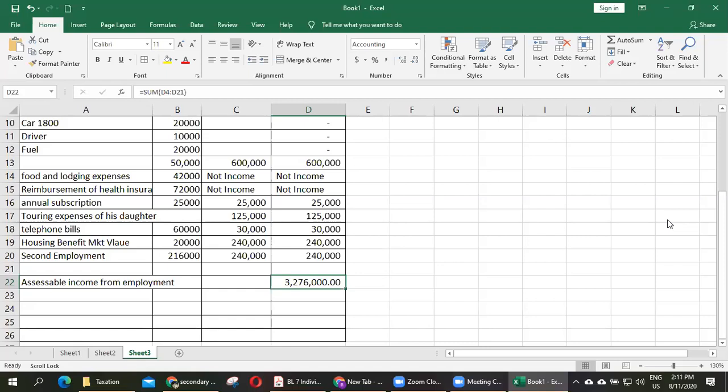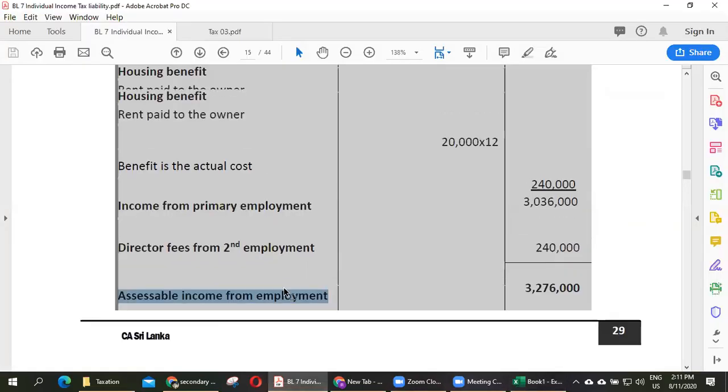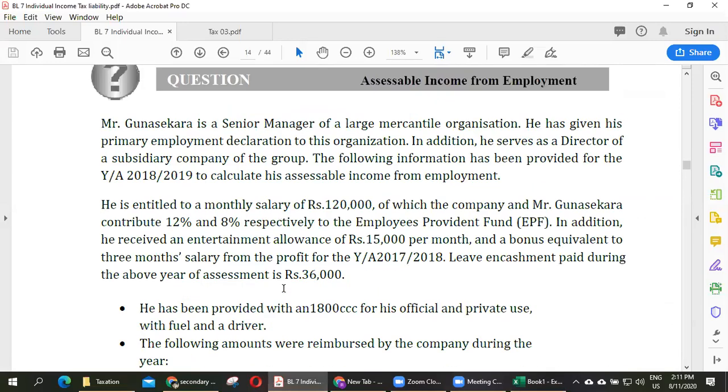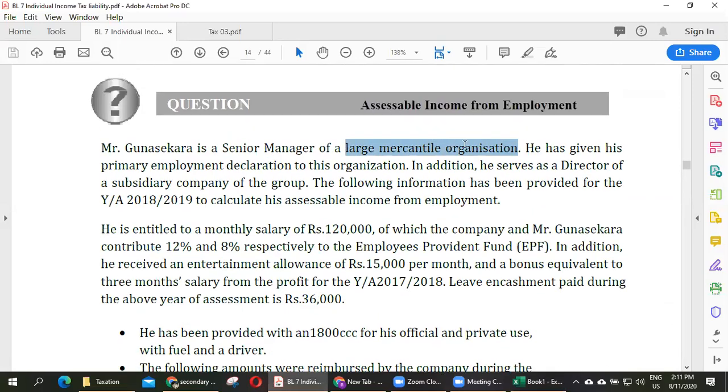According to this example, Mr. Gunasekara is working in a large mercantile organization, and in addition, he serves as a director of a subsidiary company of the group.